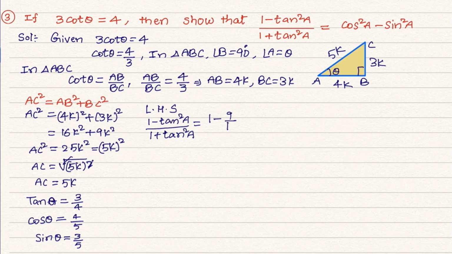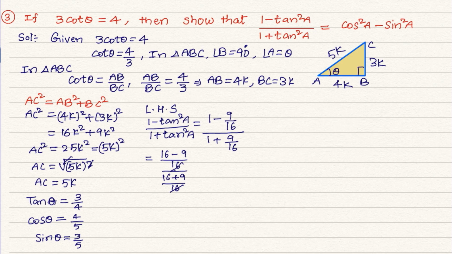I am writing directly 1 minus 9 by 16 by 1 plus 9 by 16. Now we have to simplify this. After taking LCM, it will be 16 minus 9 by 16 by 16 plus 9 by 16.